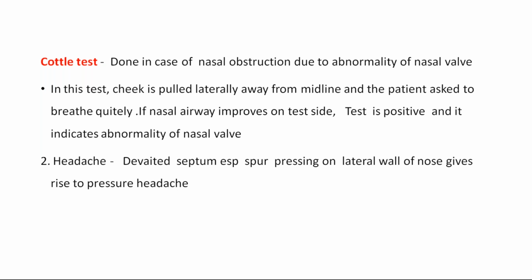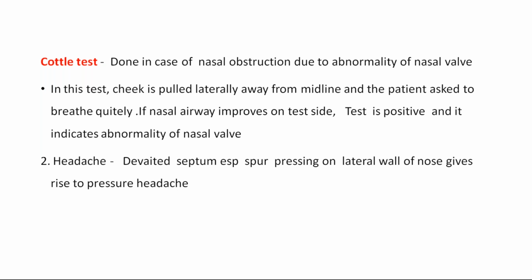Now coming then, once the patient gives history of nasal obstruction, the next examination you do after asking a few questions is anterior rhinoscopy. So anterior rhinoscopy examination with a Thudichum nasal speculum is done, seeing the anterior part of the nasal cavity.